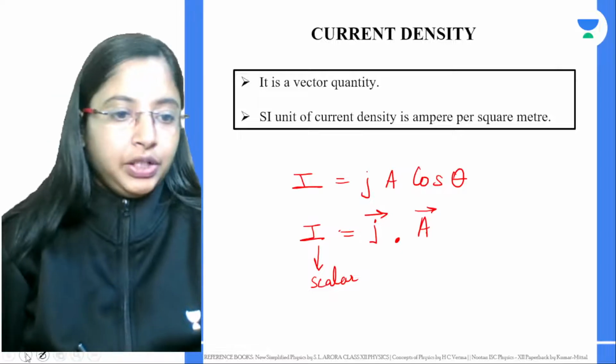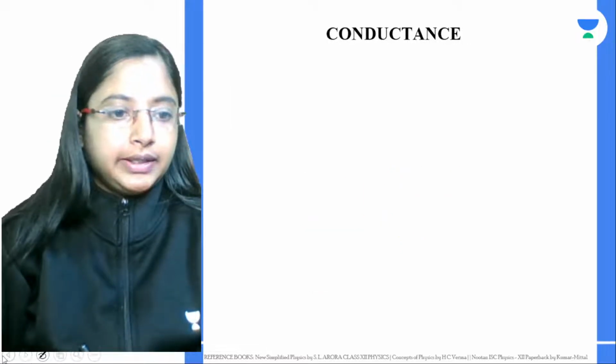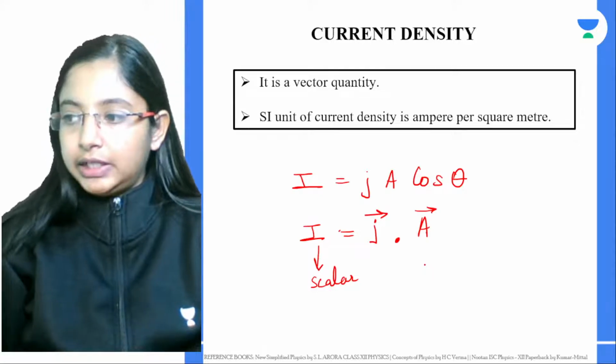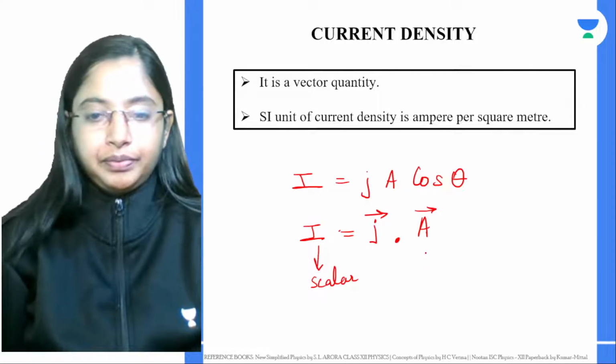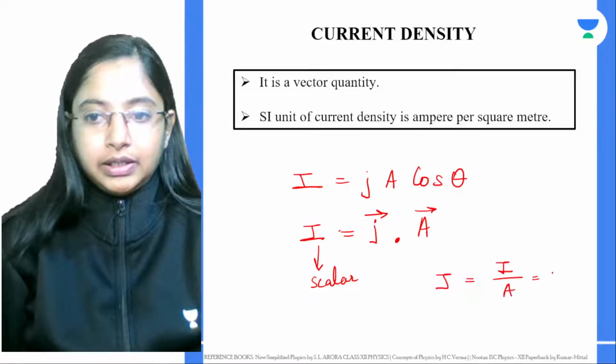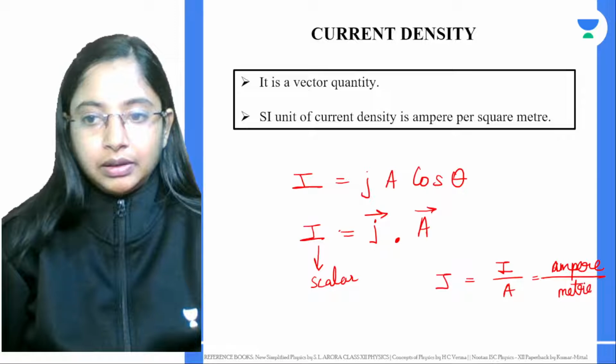And what will be the unit of current density? Current density is given by J is equal to I by A. The unit of current is ampere, and the unit of area is meter square.